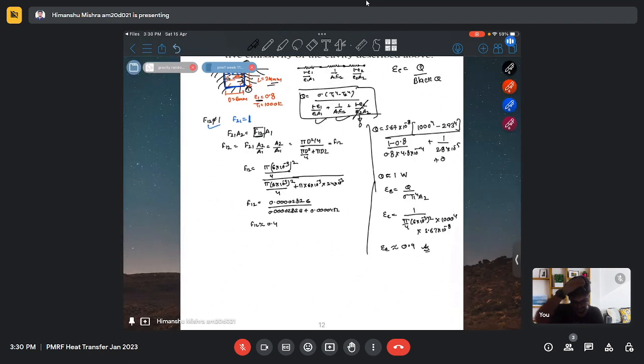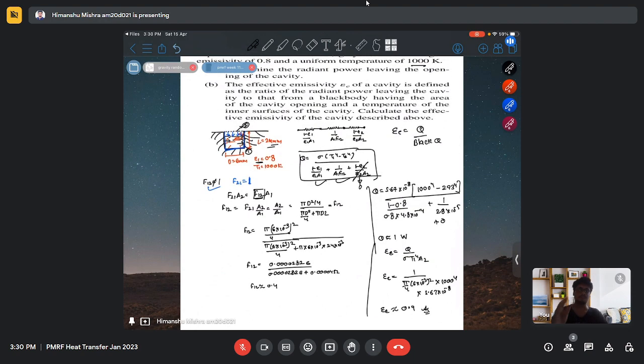This question is very similar to the previous question. In the question it was given that we have a surface and we drill the surface to form the hole, and then we need to find the radiation heat transfer from inside the hole to the outside, and we have been given the emissivity inside the hole.